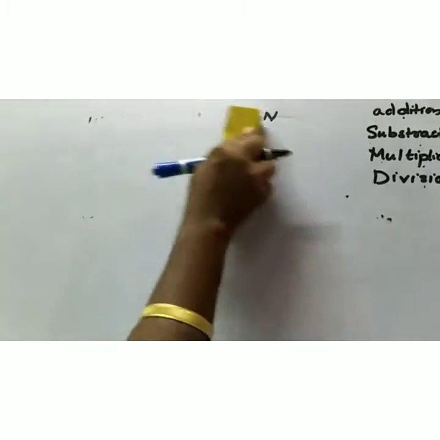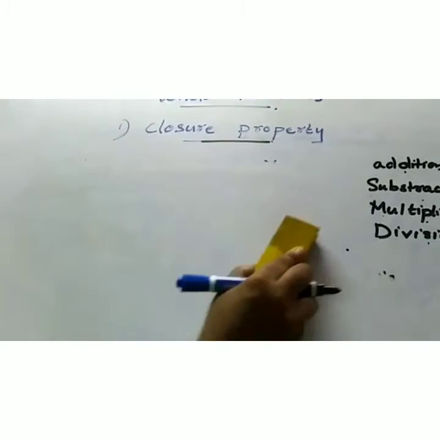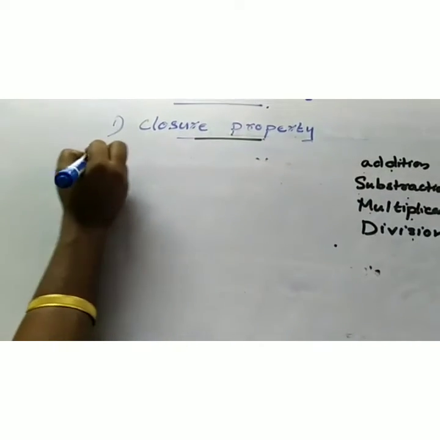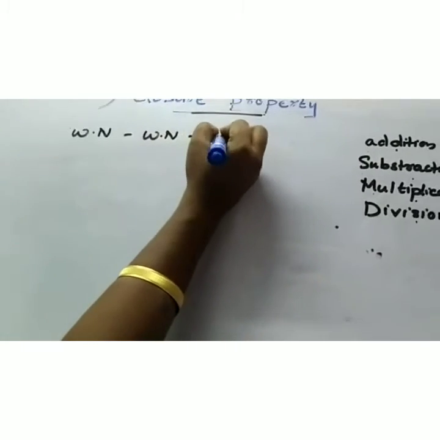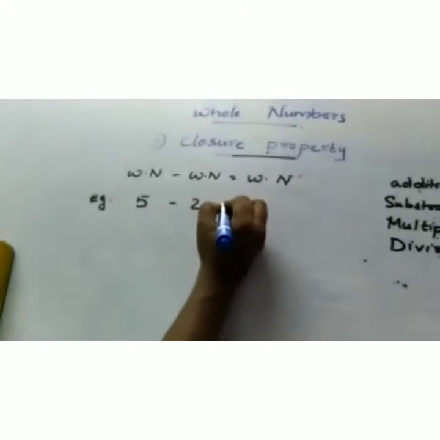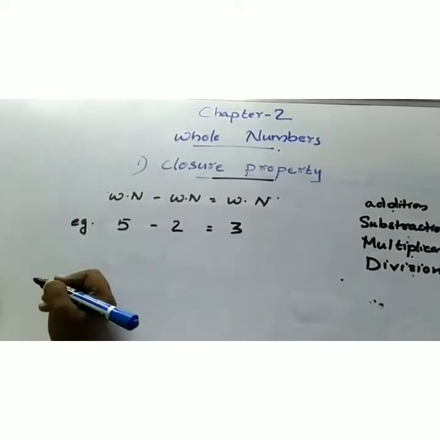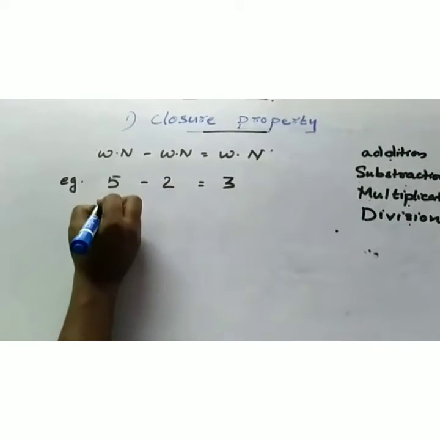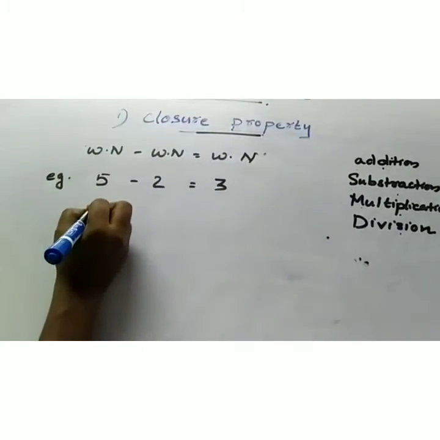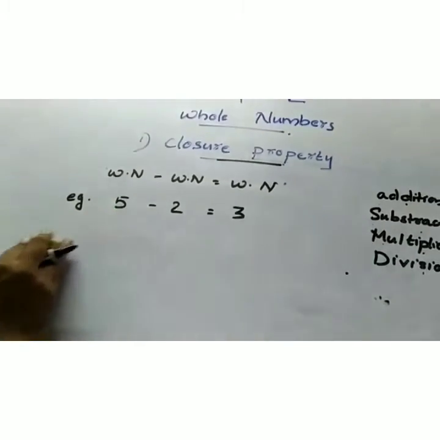The next operation is subtraction. The whole number minus whole number is equal to whole number. Take some examples. The whole number 5 minus 2, the answer is 3. But next question, 2 minus 4.